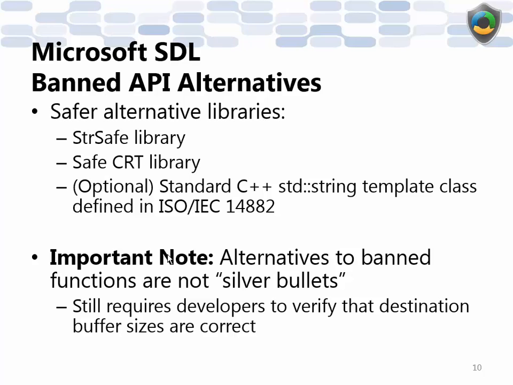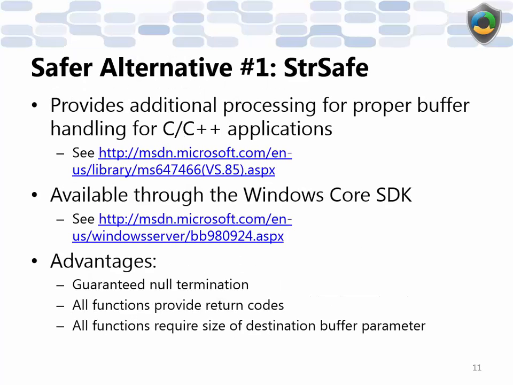And they mentioned on the bottom here, it's important to note that while replacing banned functions with safer alternatives can certainly improve the quality of code and reduce the exposure for attack, it still does not guarantee or warrant that applications are free from vulnerabilities. Again, there is no silver bullet. We've talked about that before.